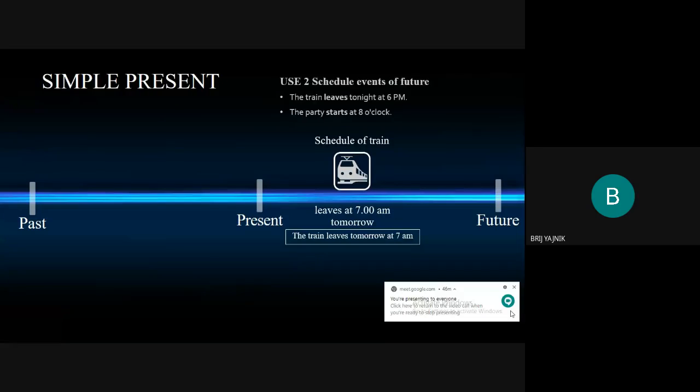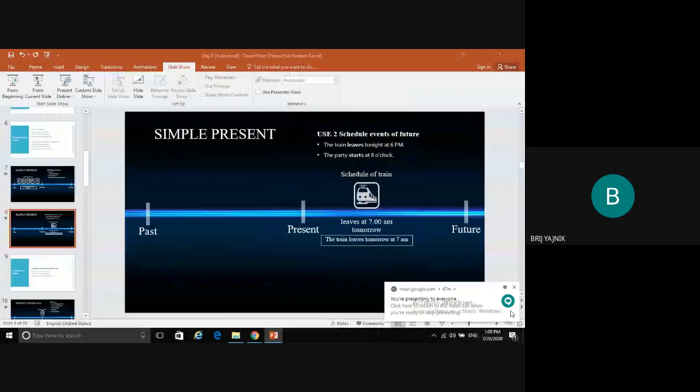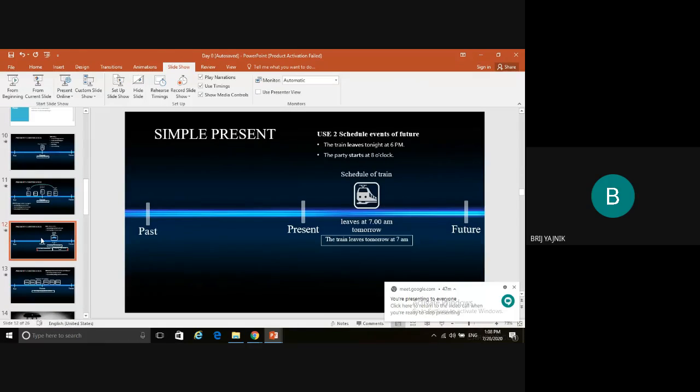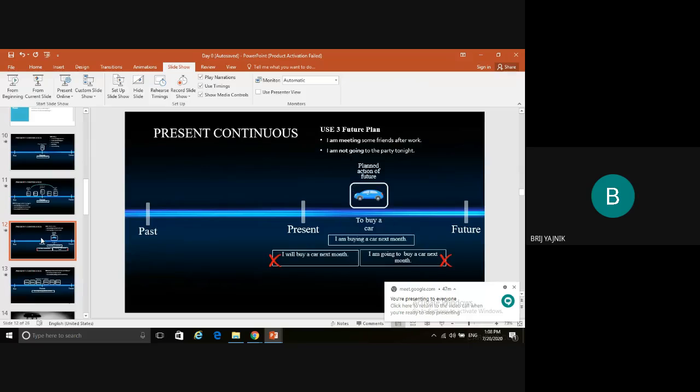So that's one way of describing future. So future cannot always be talked about with words like will or other modals, right? And there was one way that we understood very clearly with the present continuous tense, and that was this.